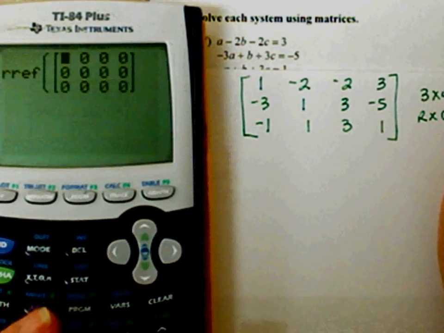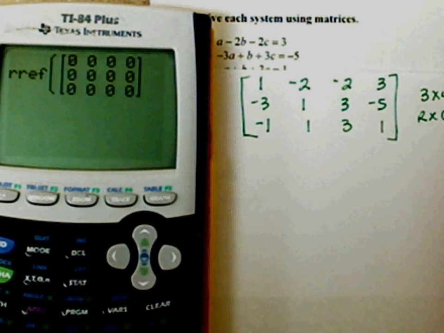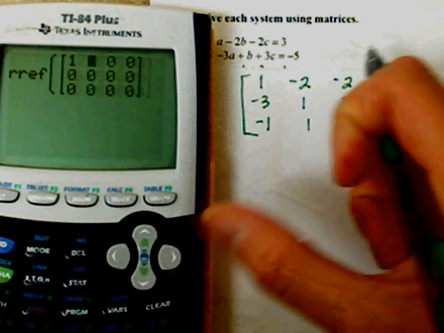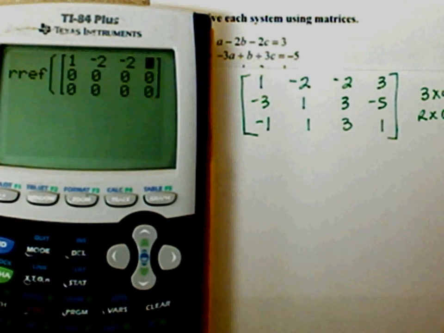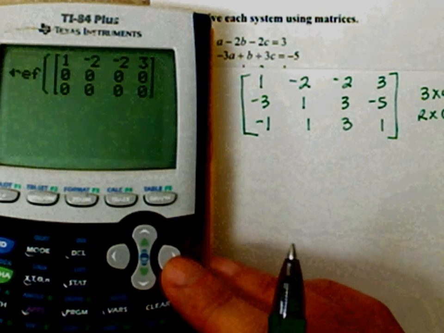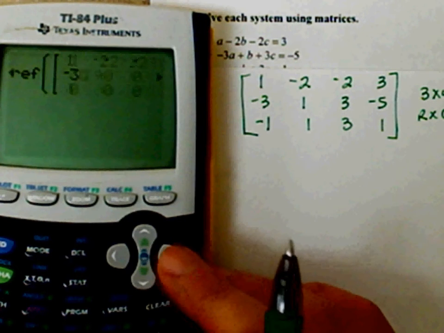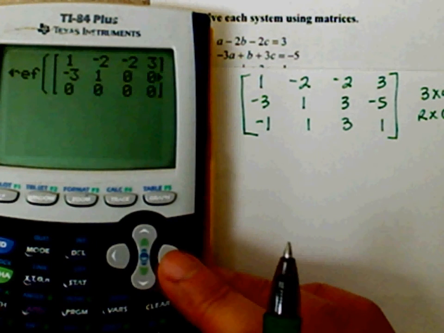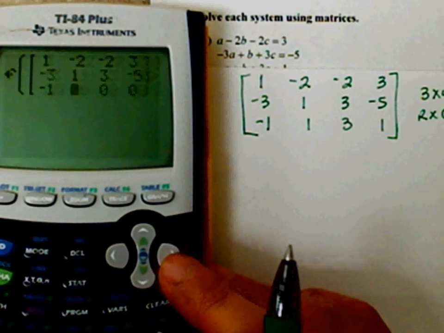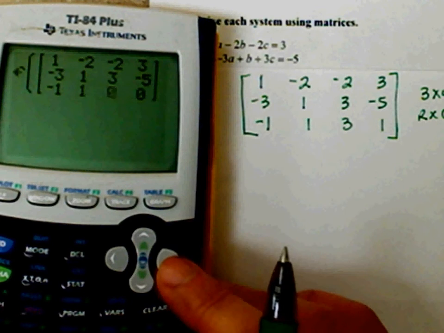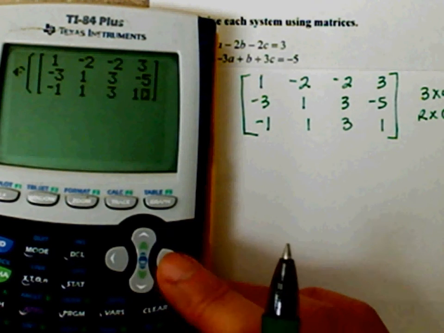Now enter your information. 1, right click, -2, right click, -2, right click, 3, right click, -3, right click, 1, right click, 3, right click, -5, -1, 1, 3, 1. Enter. Notice my solution.